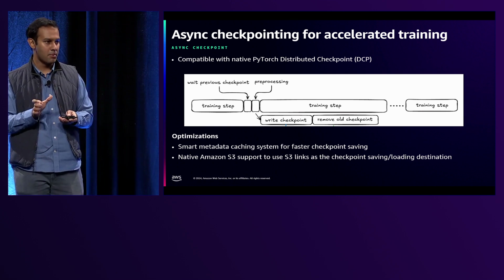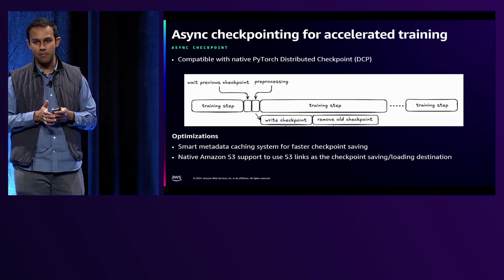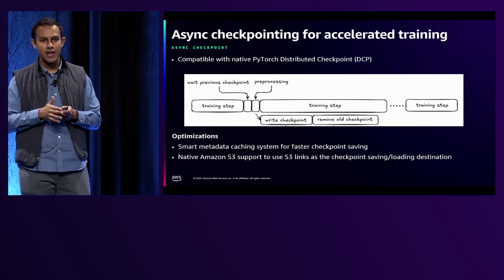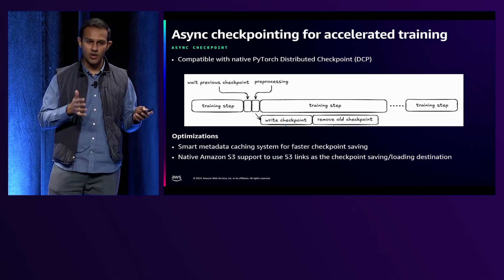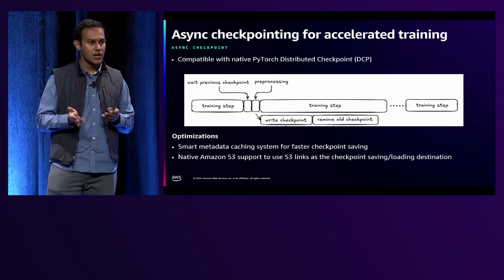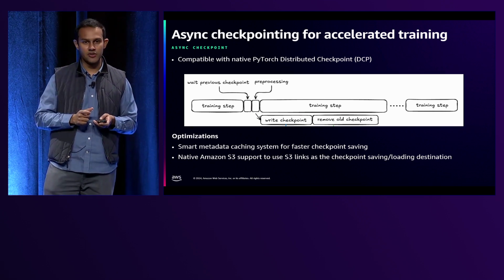And this checkpointing capability is directly compatible with the PyTorch native DCP API. So you have no additional code changes that you would need as part of using these improved checkpointing capabilities. So the idea is that all of these optimizations, from composable parallelism techniques to advanced checkpointing capability, help you squeeze out your model training performance.